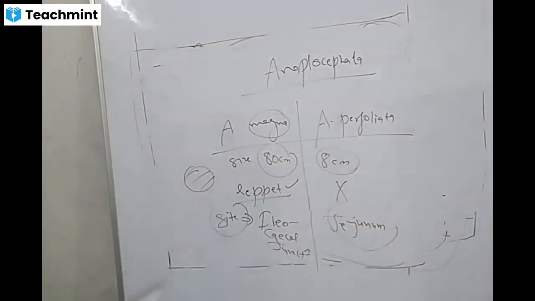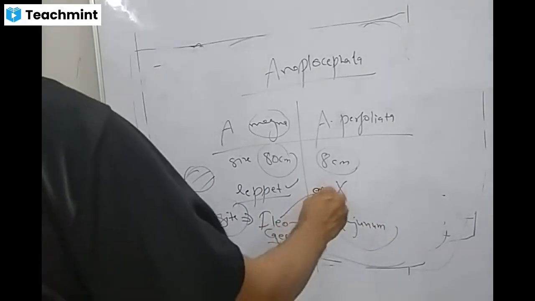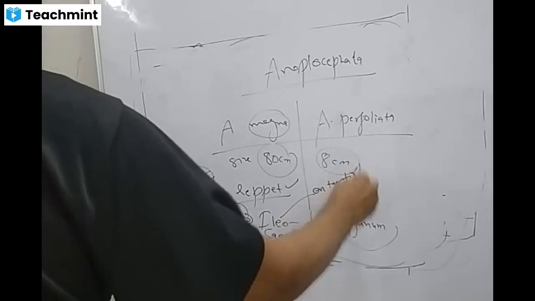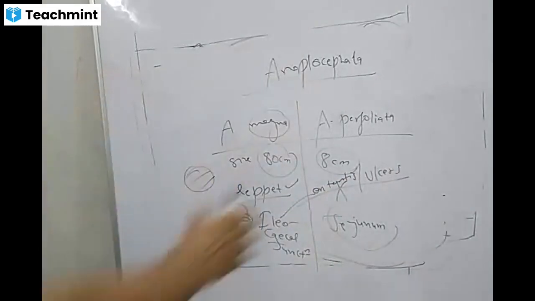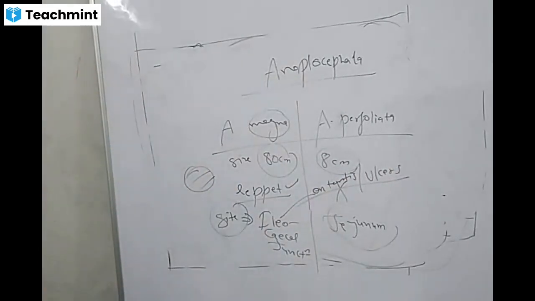So at these sites they cause their pathogenesis, and what is that? That is enteritis or ulcers. So these are magna and perfoliata.